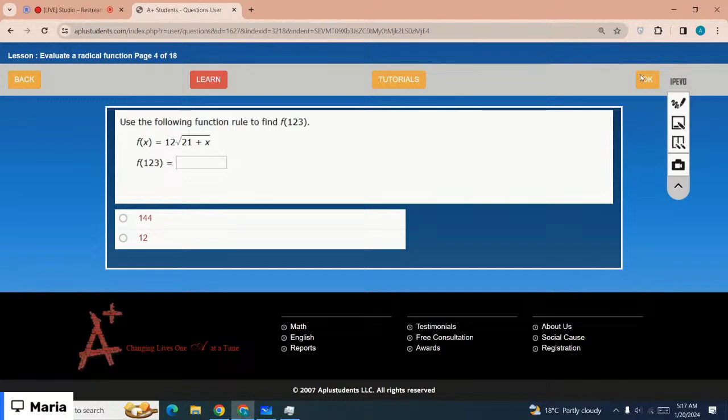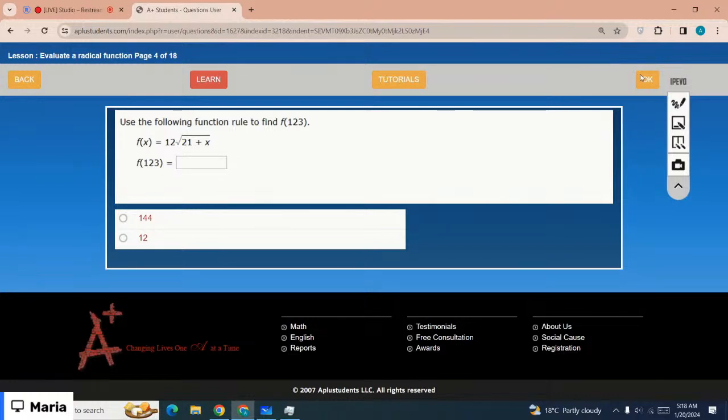Use the following function to evaluate f of 123. Which is the correct option? Replace the x with 123.